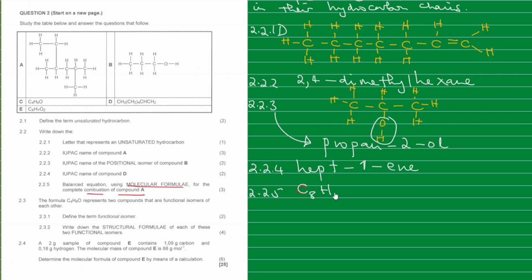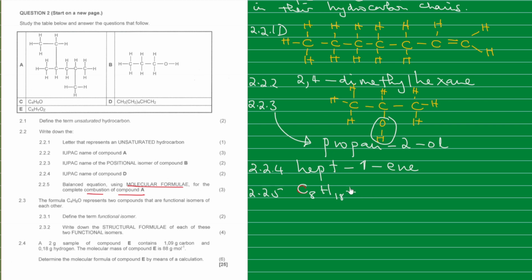So we have got 18. You can count them here: 8 times 2 is 16, 16 plus 2 is 18. So we are indicating C8 and 18 hydrogen atoms. That is what we call a molecular formula.